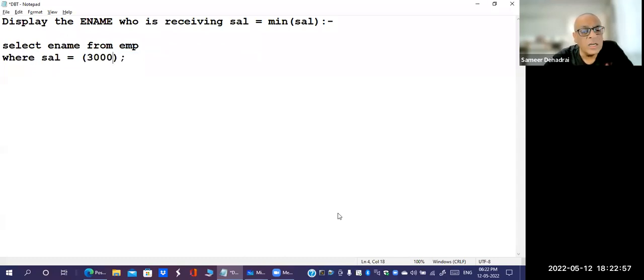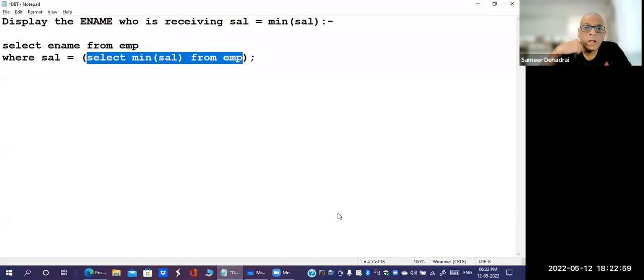The value 3000 that is being returned won't be displayed on the screen. I have equated this with the main query, so the value 3000 goes as a parameter, as an input, to the main query.